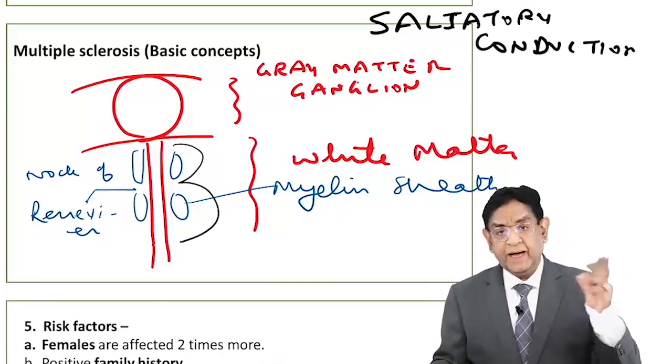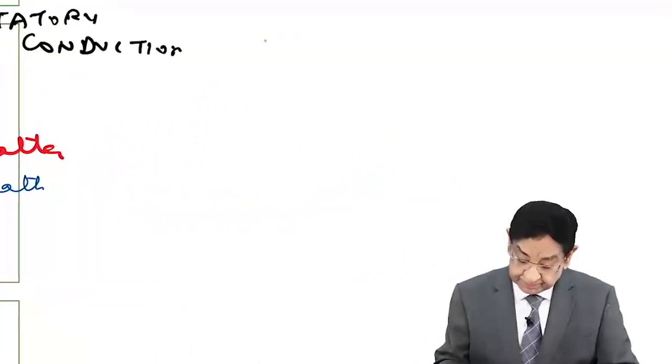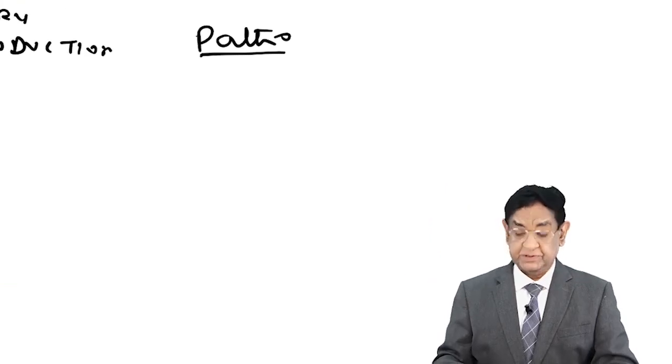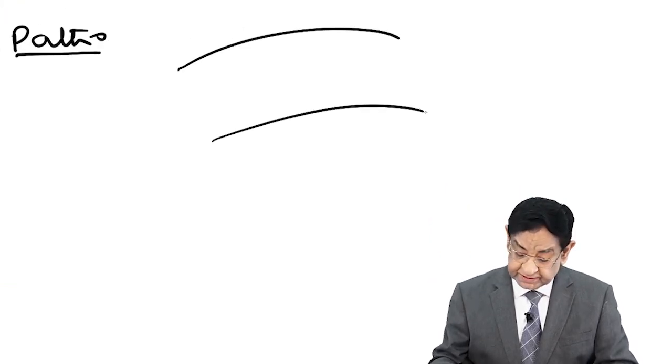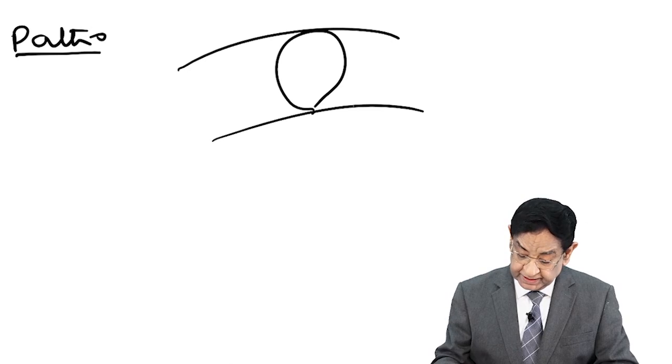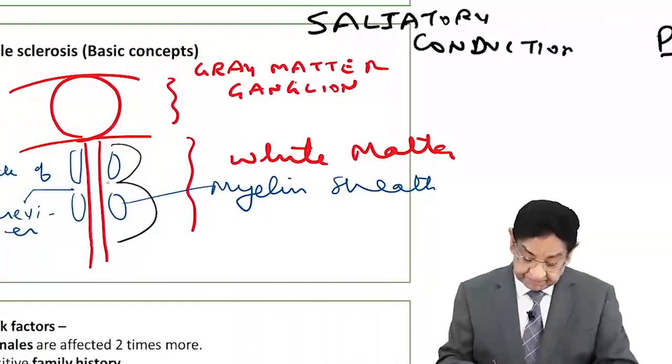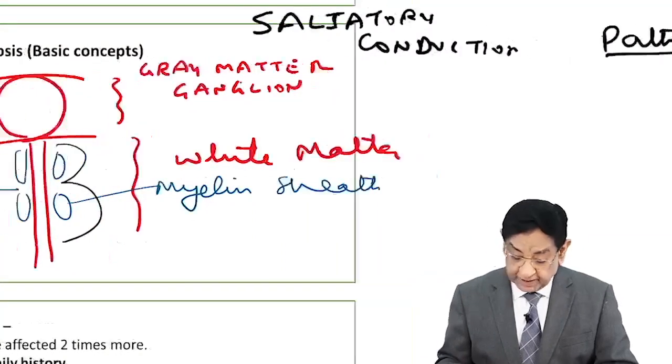So now what is the basic pathology in multiple sclerosis? This is the gray matter, cell body, and this myelin sheath disappears. So that's why we call multiple sclerosis a demyelinating disorder.